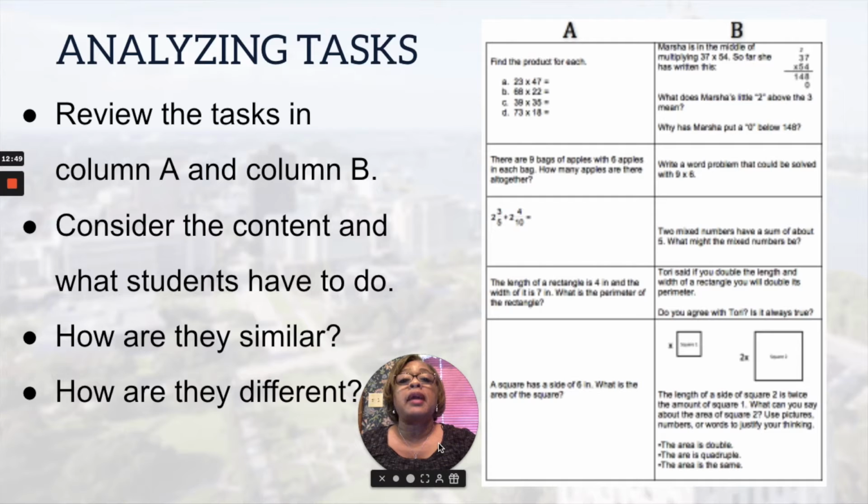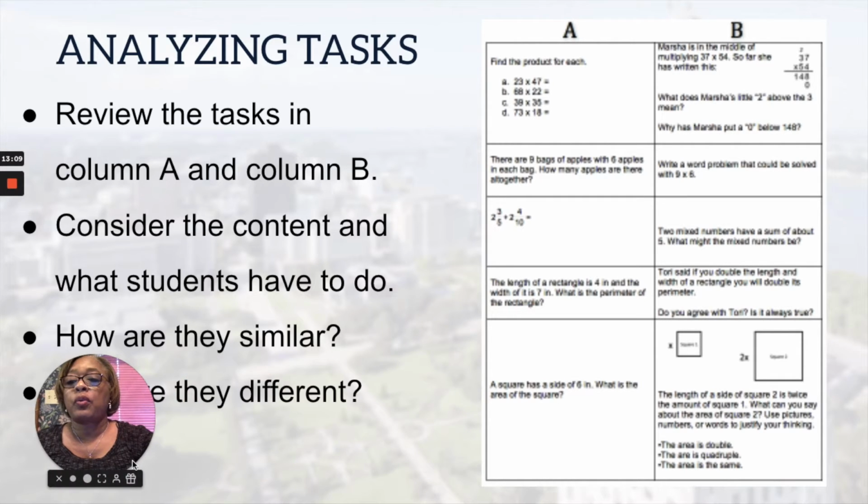And so as you take a look at column A and column B, you see that we have questions that infuse some reasoning. There's a little bit more problem solving. Students may have to do more than one step, and they may have to do one piece to demonstrate understanding of a concept in order to get the next part or the next question.